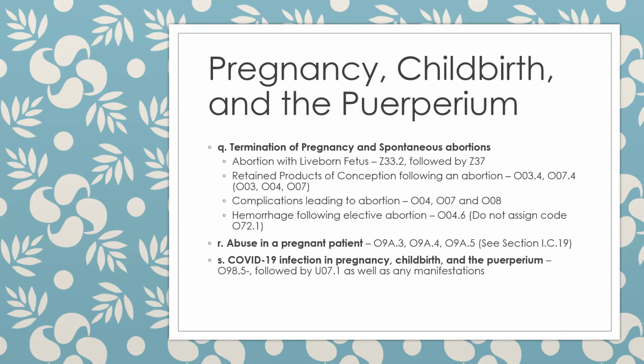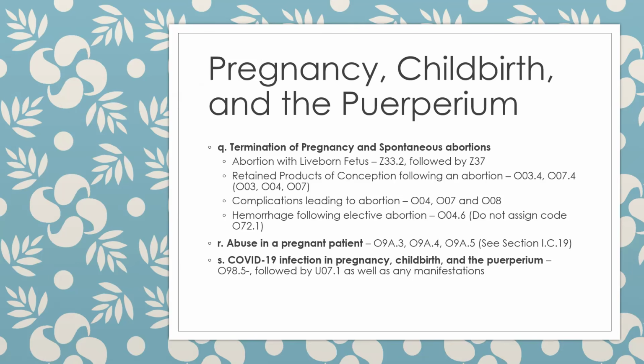During pregnancy, childbirth, and the puerperium, when COVID-19 is the reason for the admission or encounter, code O98.5, other viral diseases complicating pregnancy, childbirth, and the puerperium, should be sequenced as the principal or first listed diagnosis, and code U07.1 for COVID-19, and the appropriate codes for associated manifestations should be assigned as additional diagnoses. Codes from Chapter 15 still always take sequencing priority.